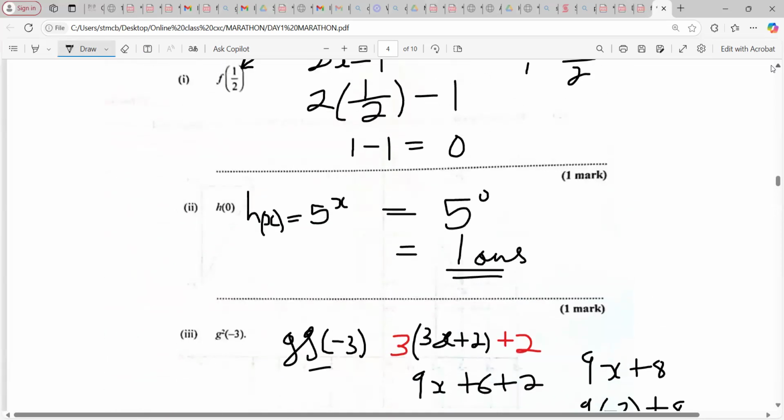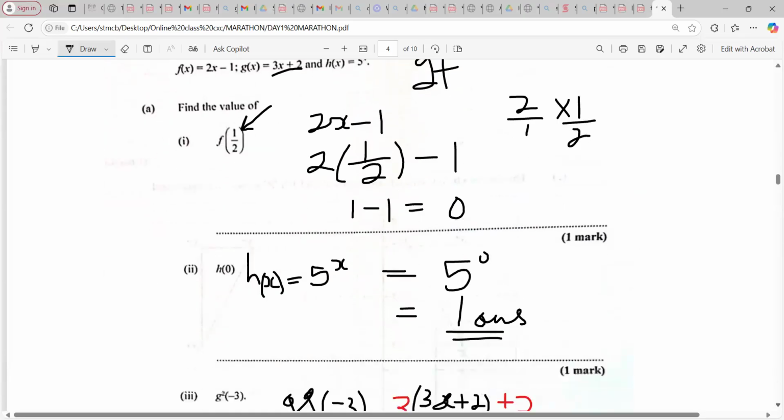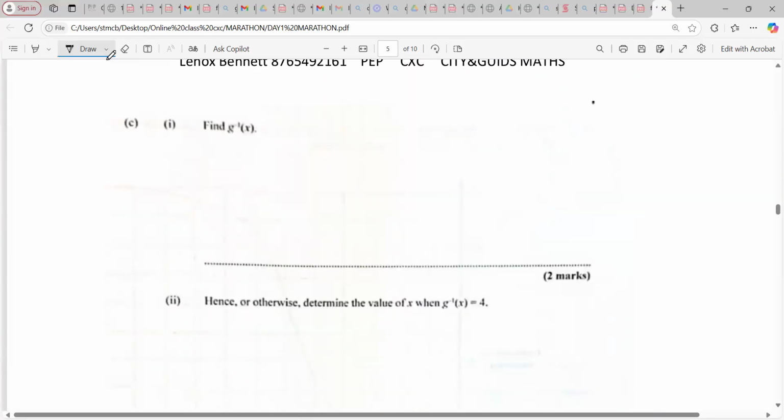What was g again? Yeah, we have to find the inverse of this, which is 3x plus 2. Try that one, guys. Let me just write it down here. So g is 3x plus 2, and they want you to find the inverse of g.